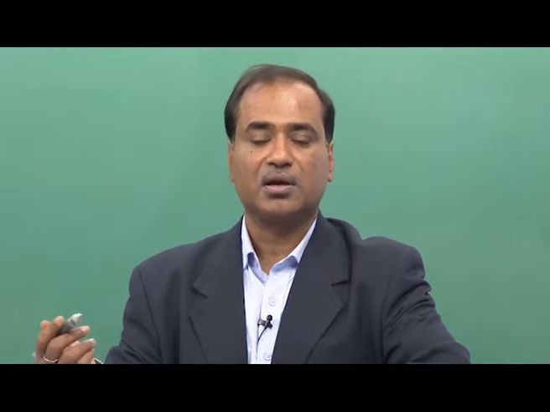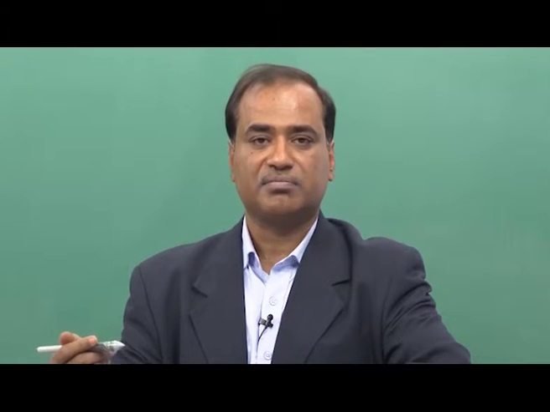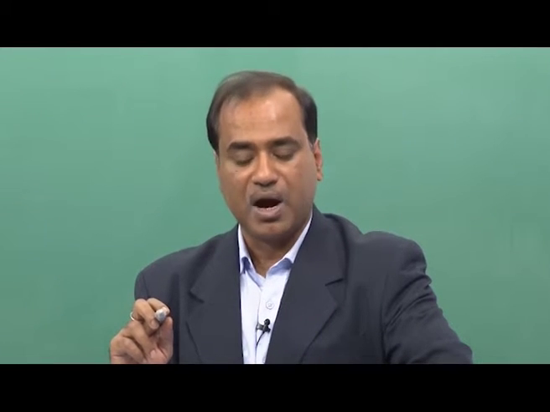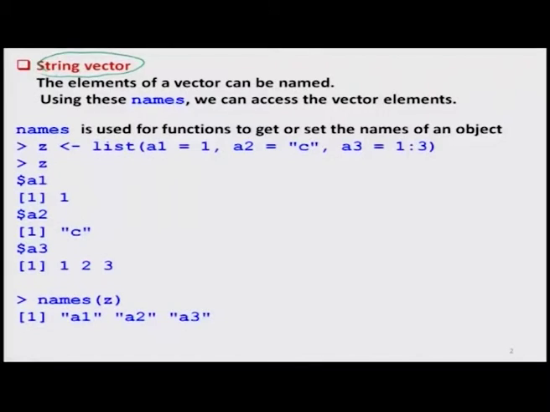In the list, we can have all sorts of data objects, character, numbers, matrices, and anything. Now I am trying to introduce a command called names, and using these names, we can access the vector elements.